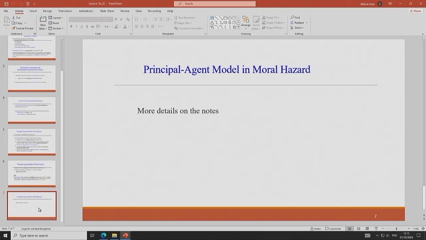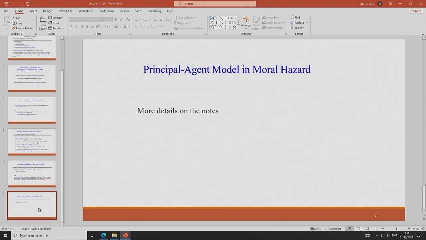Now, what we're missing here is the utility function of the principal, and I'll write it down here, and then we'll discuss that. Because the outcome is a stochastic variable, the utility function of the principal will have a stochastic element, which is driven by the outcome.